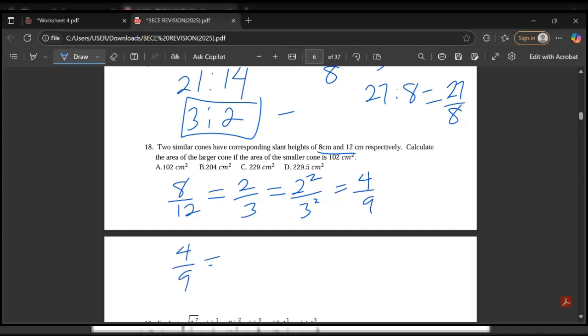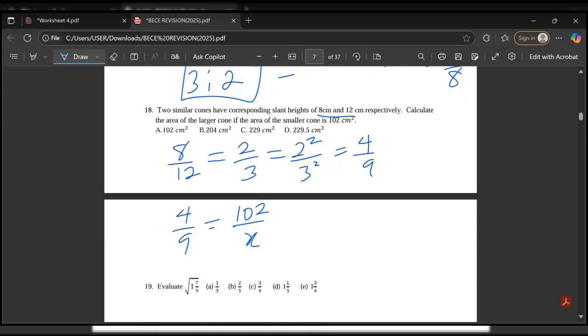So the smaller cone is 4, while the bigger cone is 9. Now, we are asked to calculate the area of the larger cone, which means we are looking for the one at the denominator. We make it x. Then the area of the smaller cone is given to be 102, so you put 102 at the top.